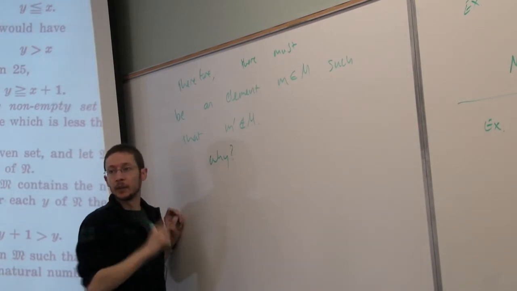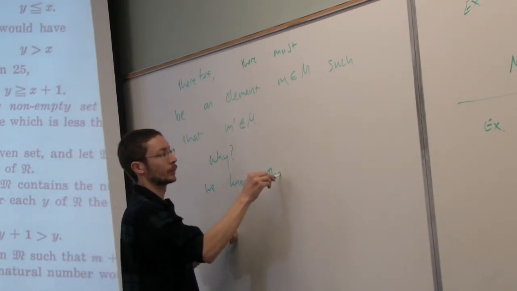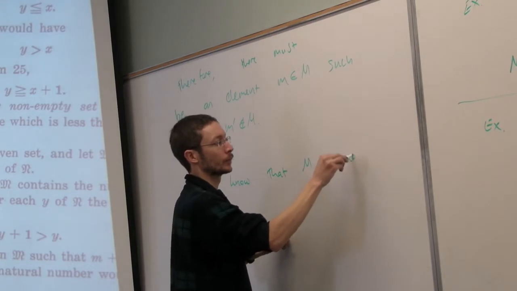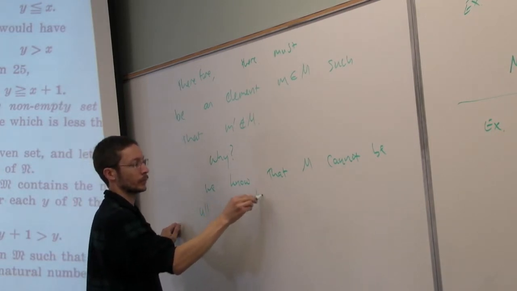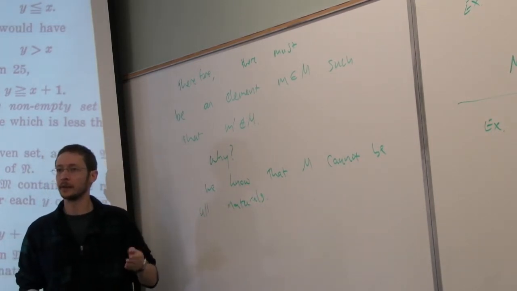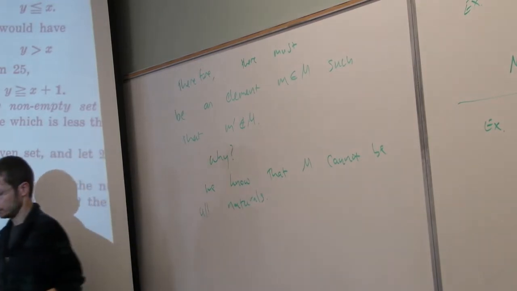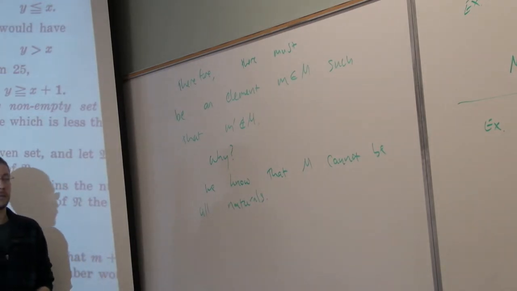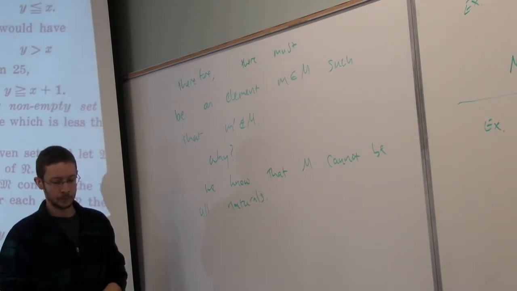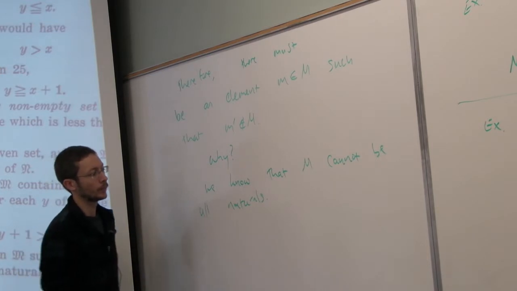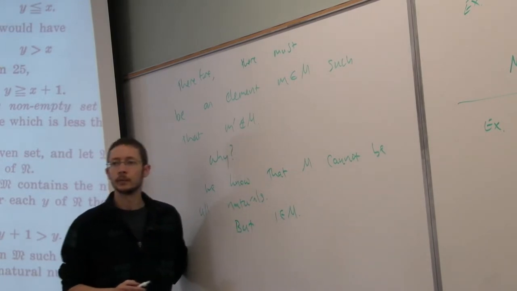We've already demonstrated that M cannot be all naturals, because if you pick up an element from N and take its successor, you get an element that's not in M. So we know M is not all naturals. But 1 is in M. We showed that already.